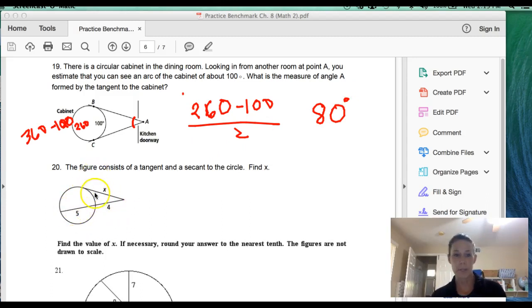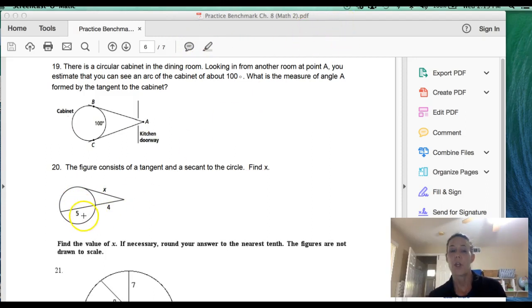Knowing these properties, you have a tangent and you have a secant. When your property involves a secant and a tangent instead of two secants, it's different. If there were two secants, it would be different. When you have a secant and a tangent, your property looks like this. I like to teach it like this. You have full times the outside, and if this was another secant, you would do full times the outside.